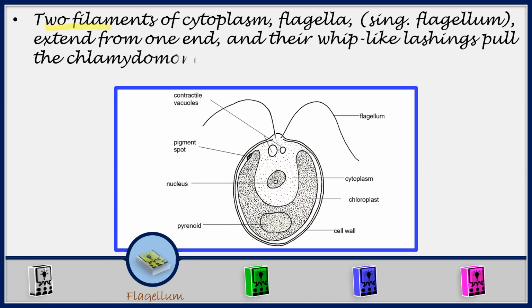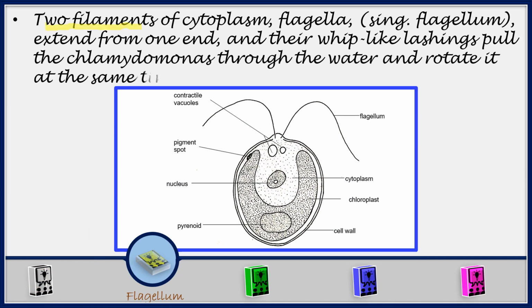And two filaments of the cytoplasm that we call the flagella extend from one end, and they are whip-like. Their lashing pushes the Chlamydomonas through the water and rotates it at the same time.